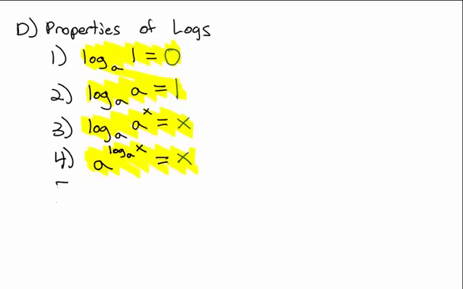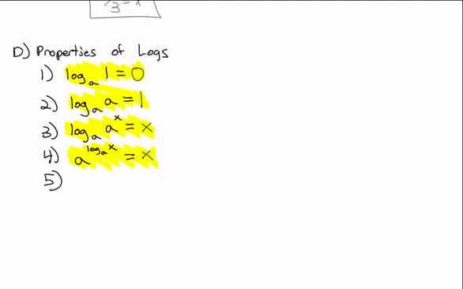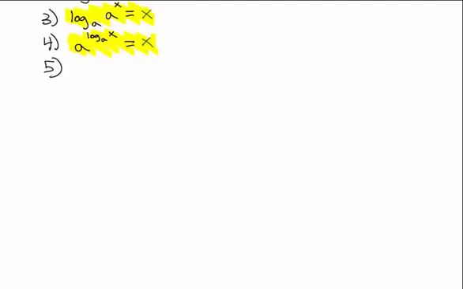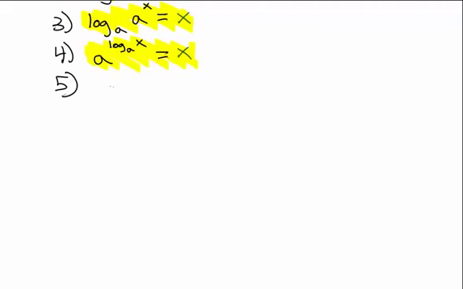The next 3 are not as intuitive, but they kind of make sense when we play with them. So let's play with them. We're going to play first, and then I'll tell you what the answer is after we're done playing. Let's say u is equal to a to the r power, and w is equal to a to the t power. I don't like doing s, so let's do t, that way it doesn't look like a 5.